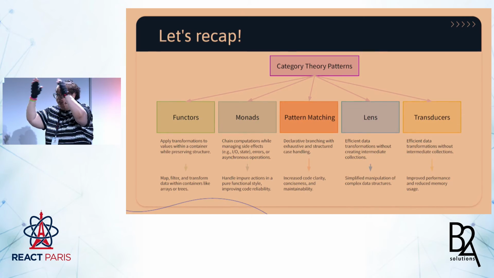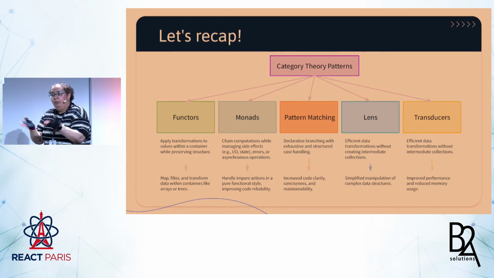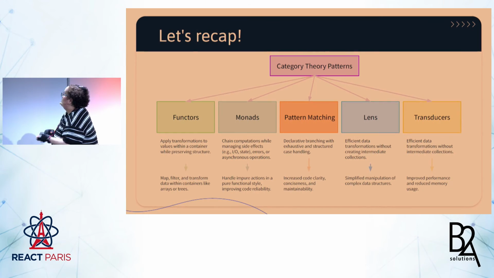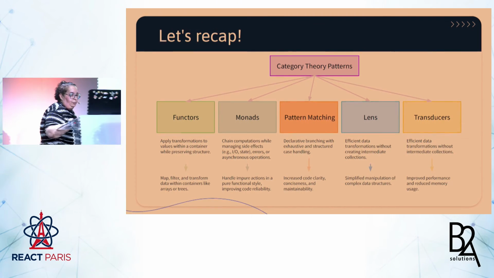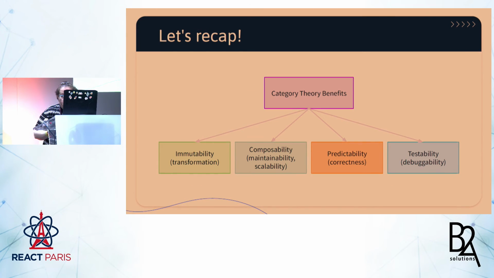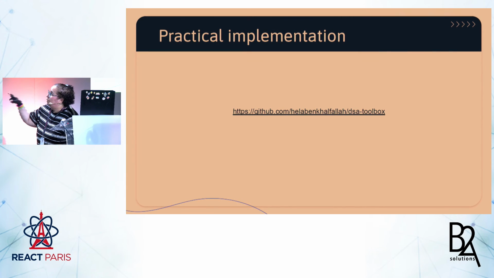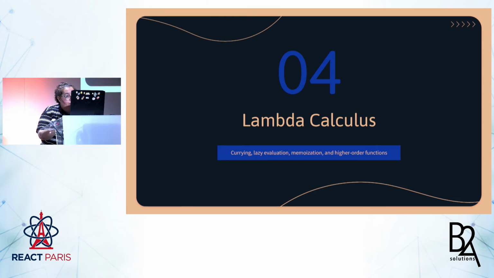So everything must be visible and deterministic. Monad, in order to handle side effect, pattern matching, lenses, and transducer. And the benefits: immutability, composability, predictability, and testability. You will find all the implementation in my repo.